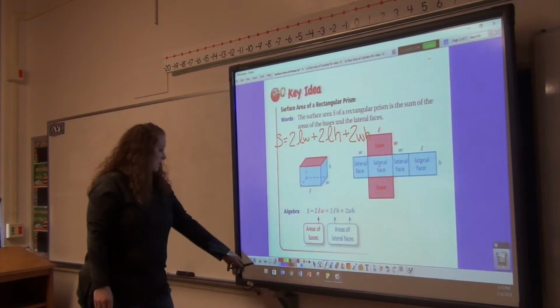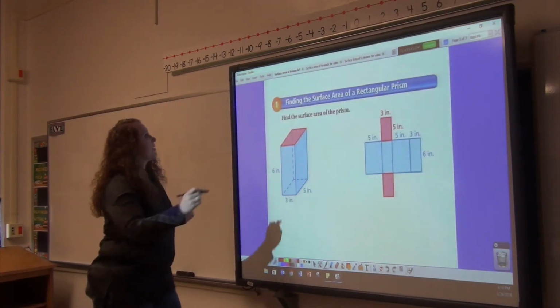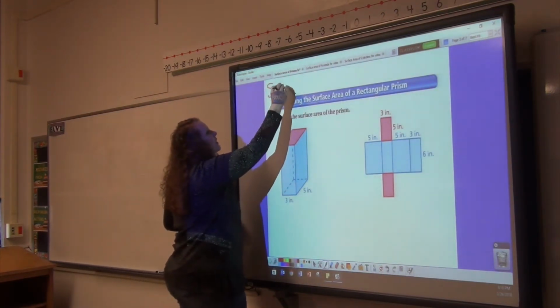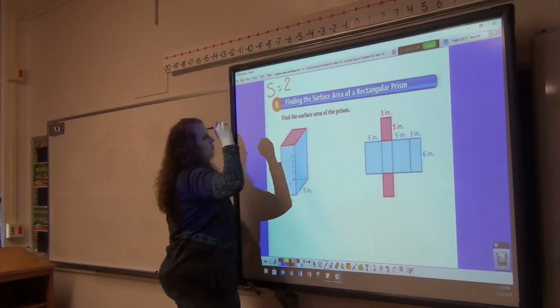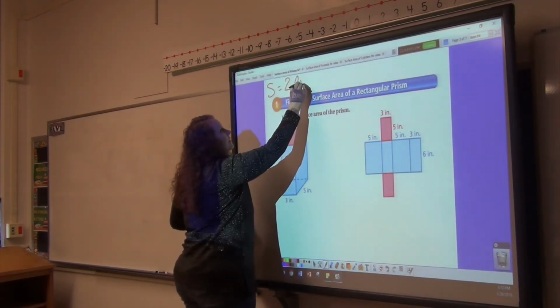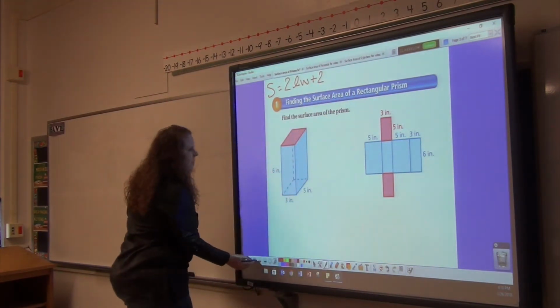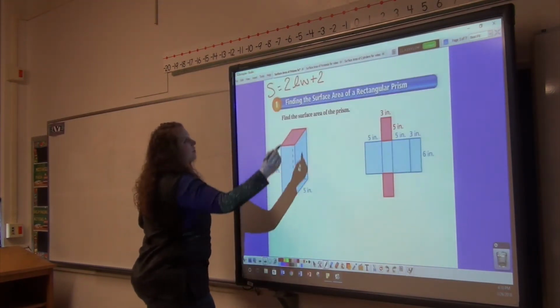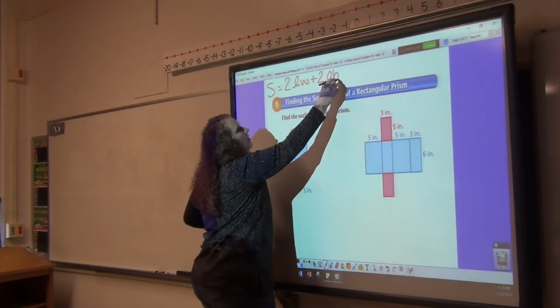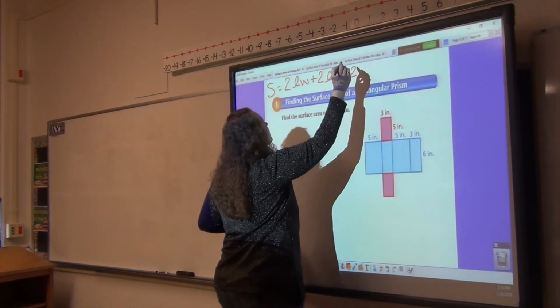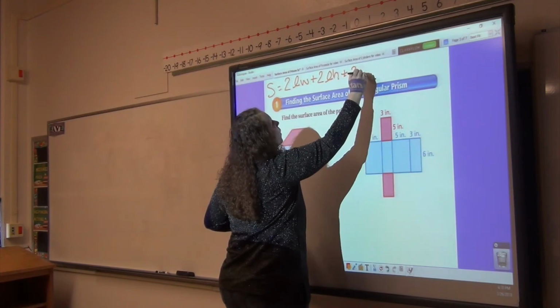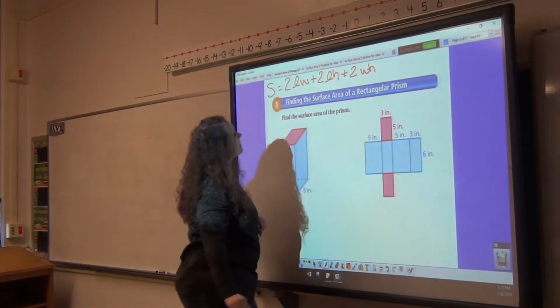All right, so let's try to solve this. Let's write down our formula first. Surface area equals 2 times length times width plus 2, I can't remember which one came next, length and height, plus 2 times width times height.